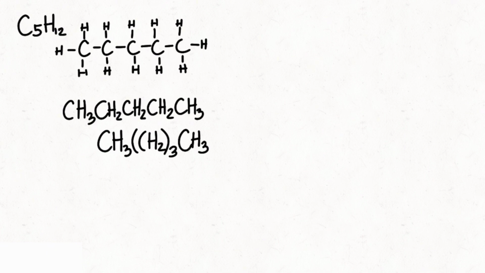And that is the shortcut of its condensed structure. You can use this shortcut provided there are no attachments, because in naming you will encounter attachments. But as of the moment, I will introduce you first to the 10 alkanes. Then the name of this alkane that has 5 carbons is pentane.